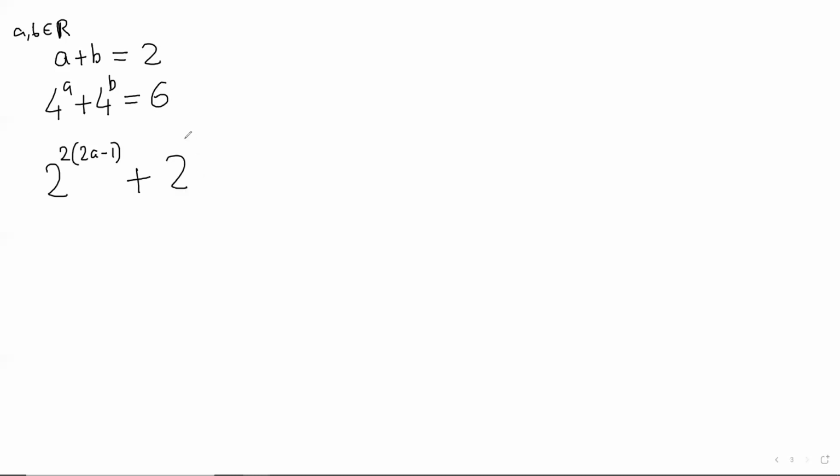If a plus b is equal to 2, where a and b are any real numbers, and 4 raised to a plus 4 raised to b is equal to 6, then the numerical value of 2 raised to 2 into 2a minus 1, plus 2 raised to 2 into 2b minus 1, this we have to find. That is the question.